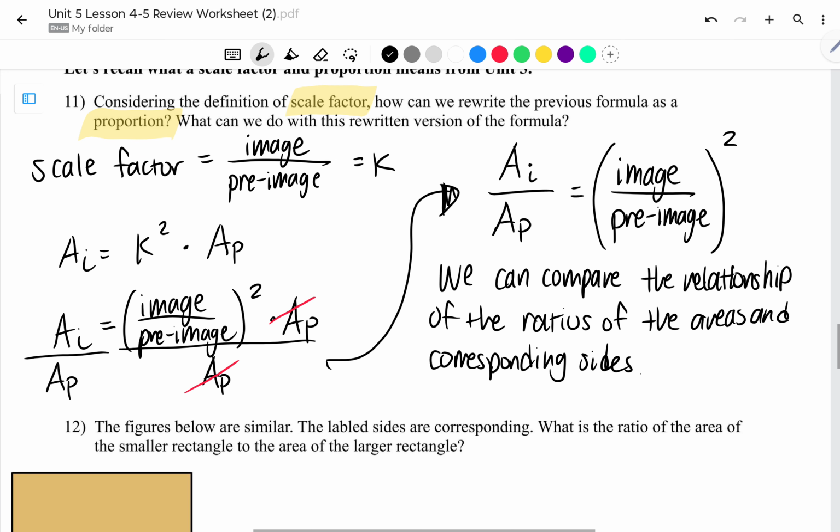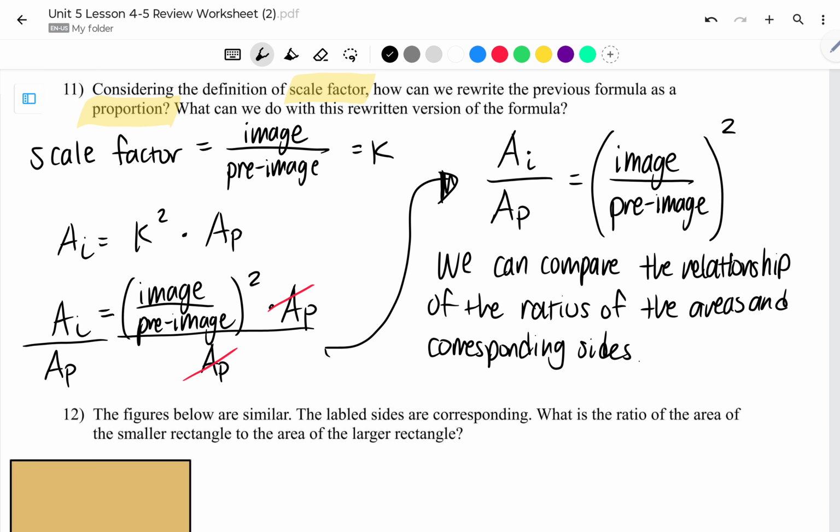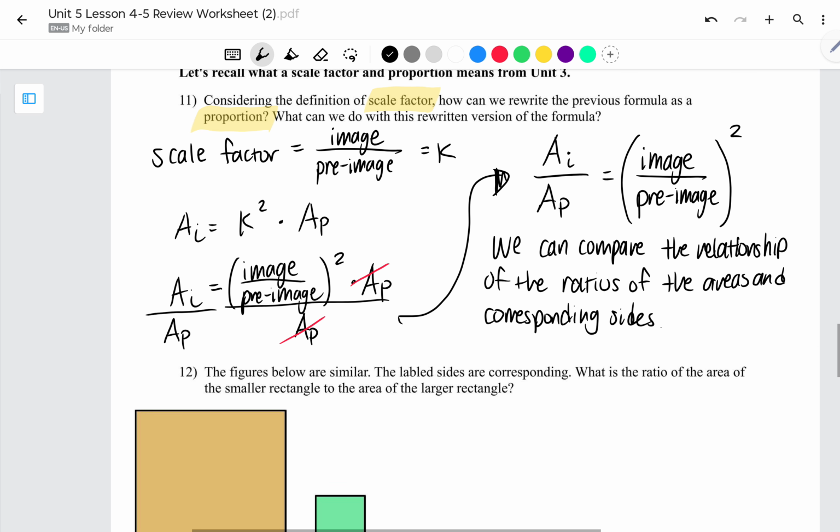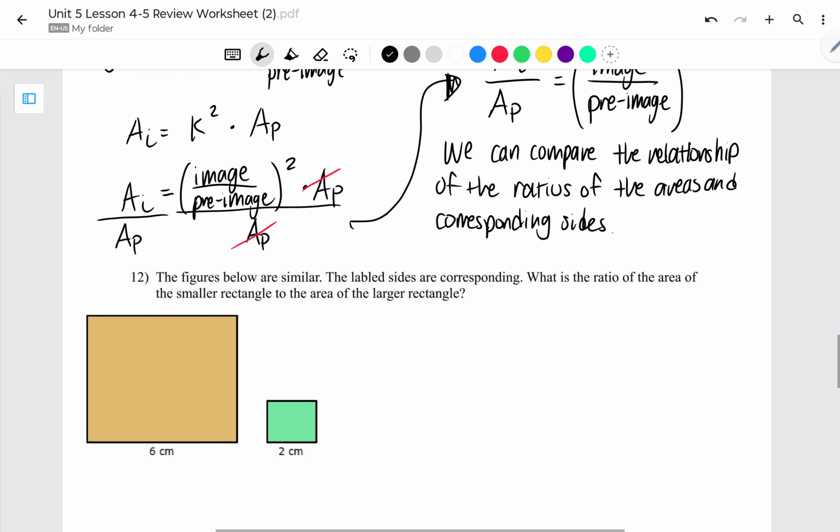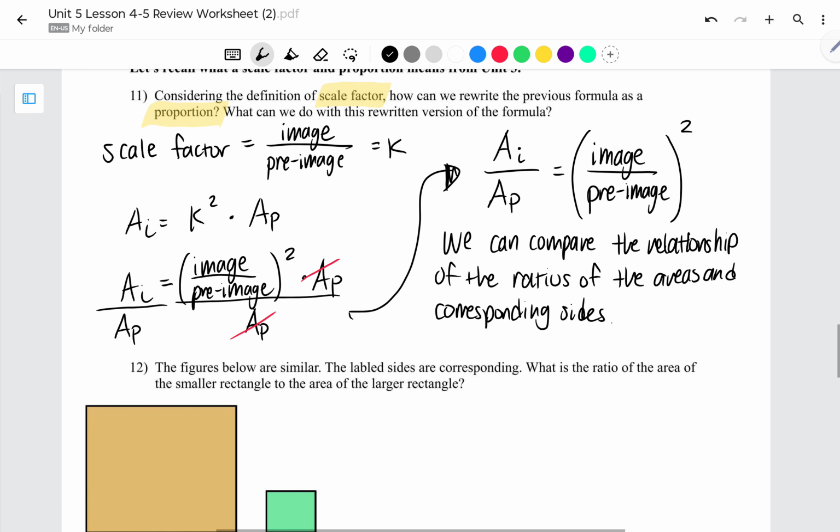Okay, so now this new version of the formula lets us solve new types of problems. Okay, so this is where you have to see there are a bunch of different ways to use one formula. You're not always going to use it one way.